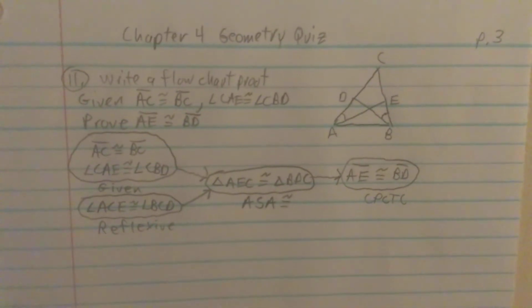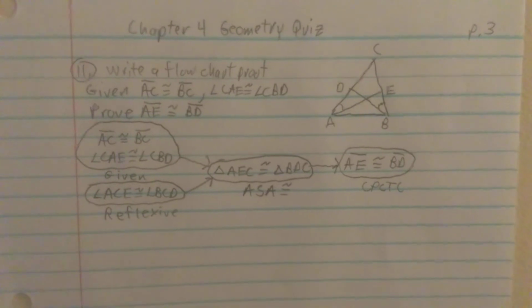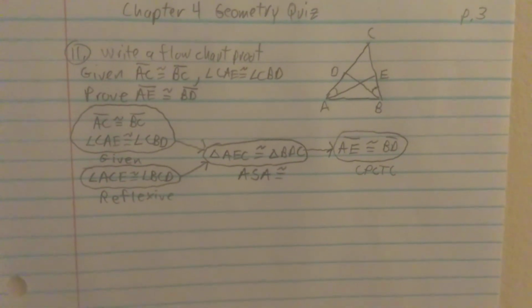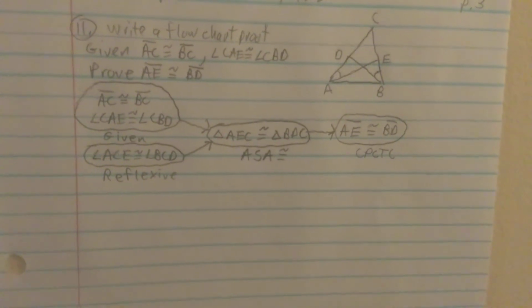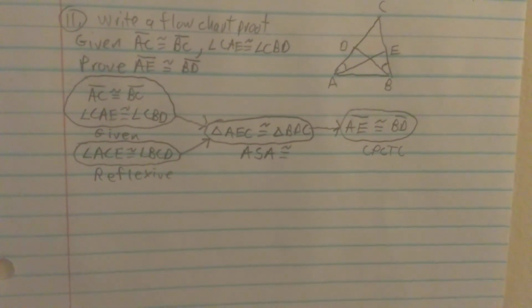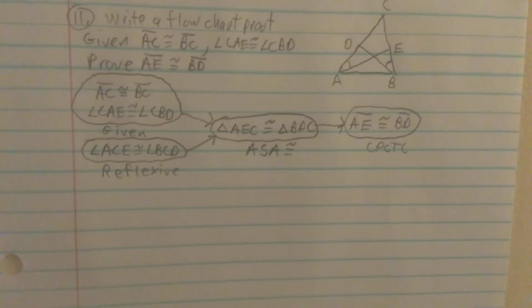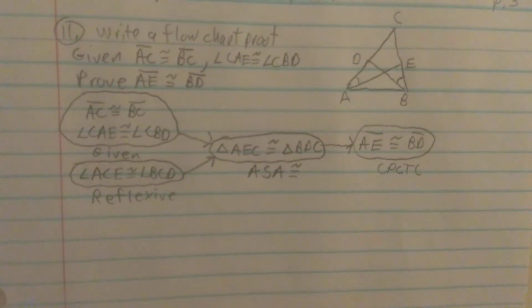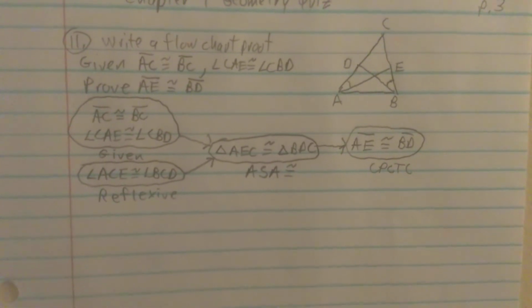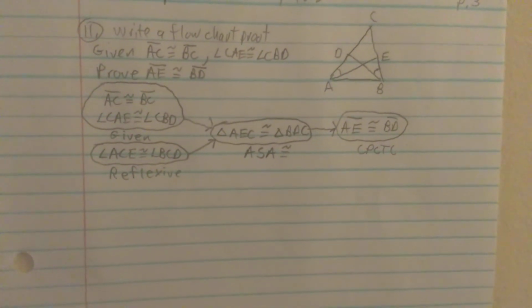And then this is a nice easy one to finish off. Write a flowchart proof for the figure given that AC, the long side, is congruent to BC, the other long side, and that angle CAE is congruent to angle CBD as marked. Prove that AE is congruent to BD. So this is just a flowchart proof.